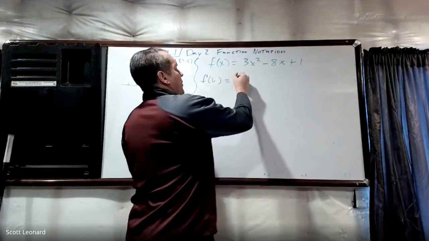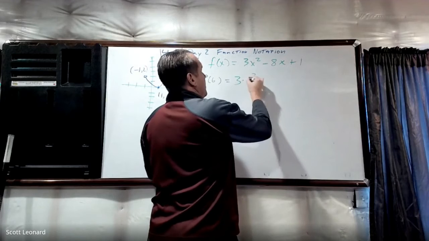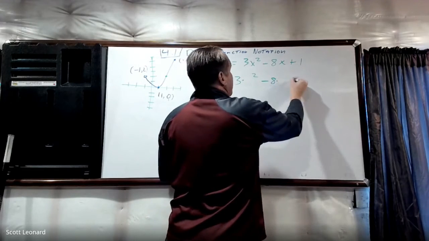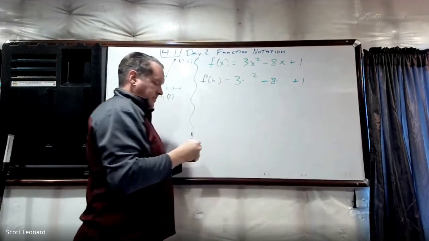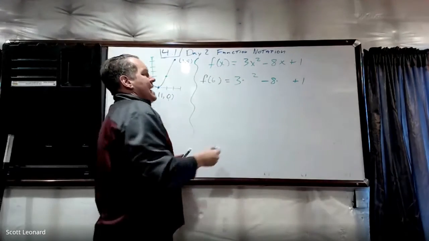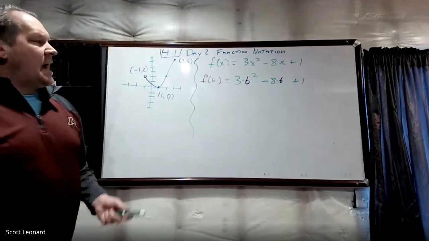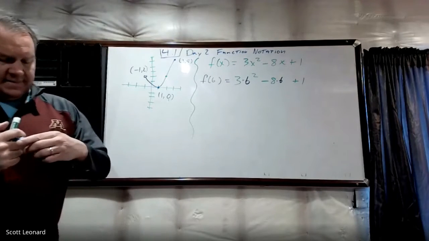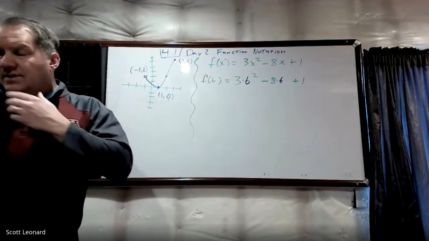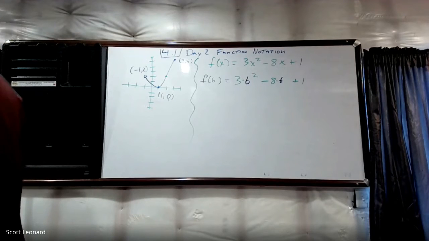Now I'm going to go 3 something squared minus 8 times something plus 1, and wherever there was an x, I plug in a 6. Now I do PEMDAS to simplify that. So do that problem right now. Finish that one off.